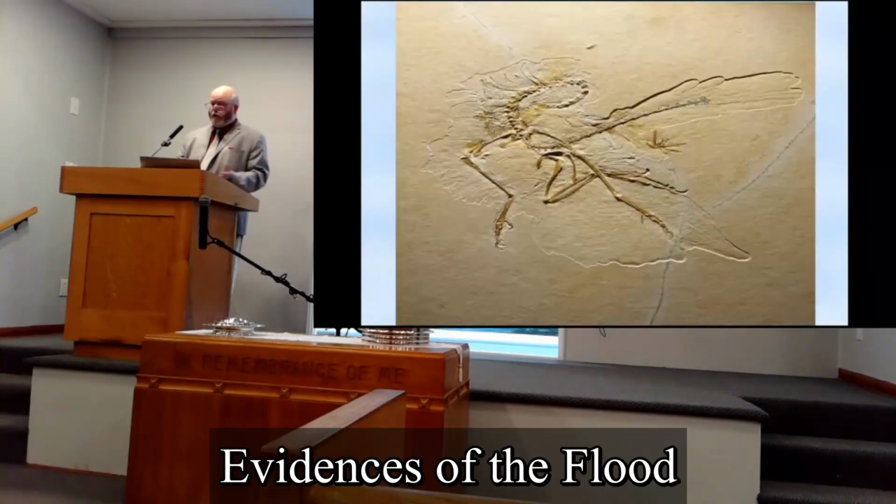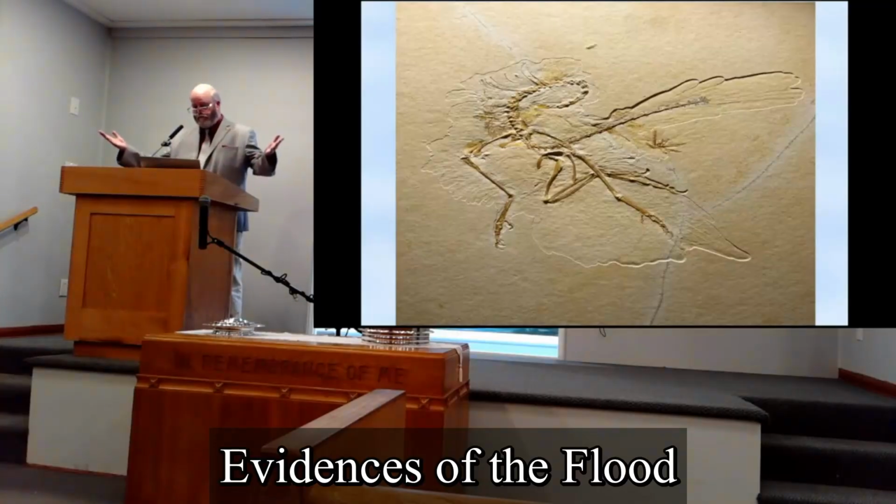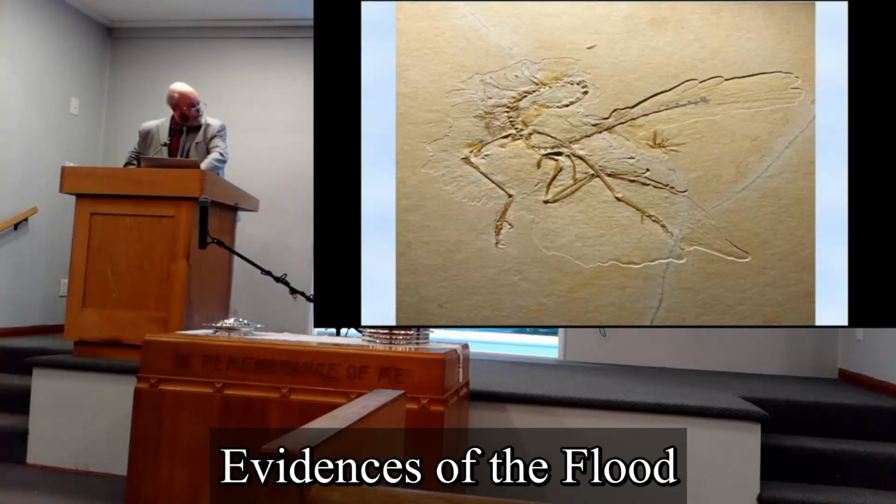We do see some bird fossils as well, and these are often found, like I said, with the dinosaur fossils. And we know that birds were created before land animals, so it makes sense that we see that. The worldly narrative, though, doesn't always agree with that. Nonetheless, I don't know if you can see it as well on this picture.